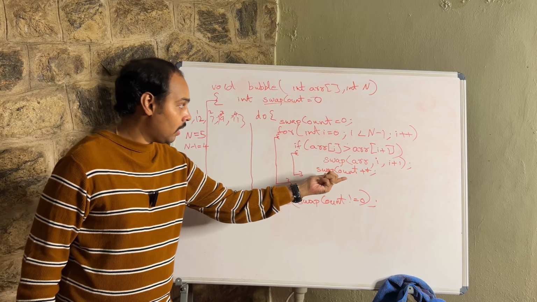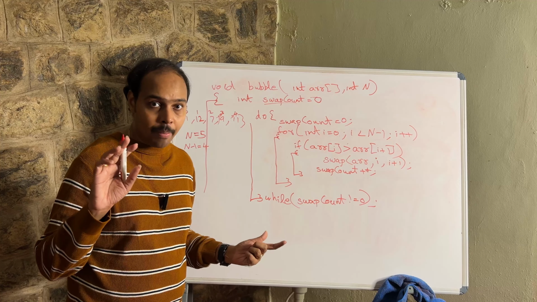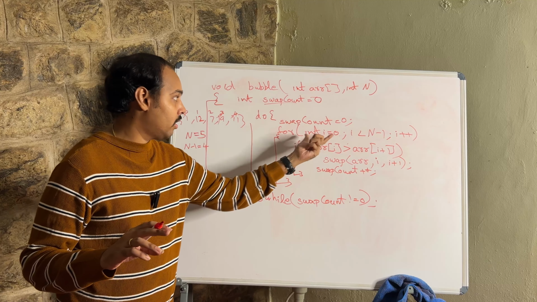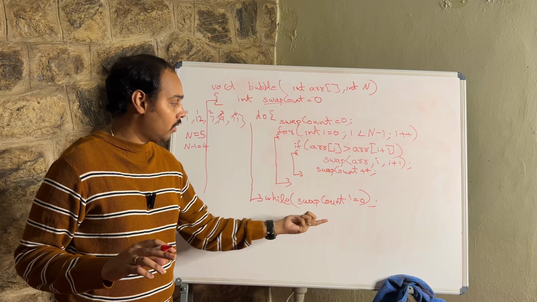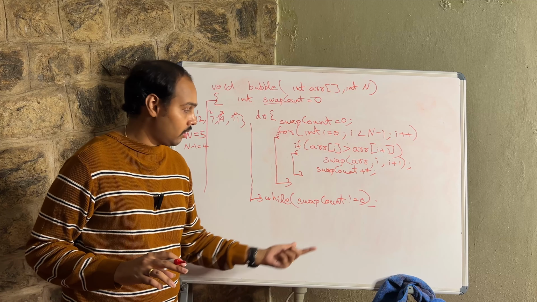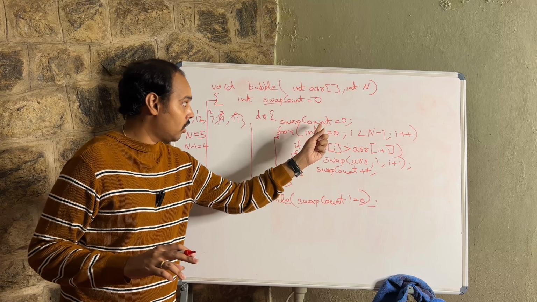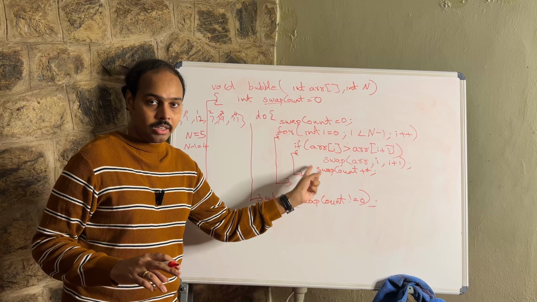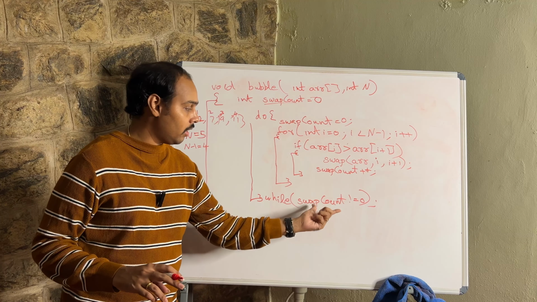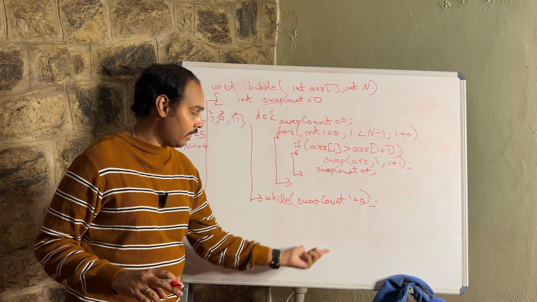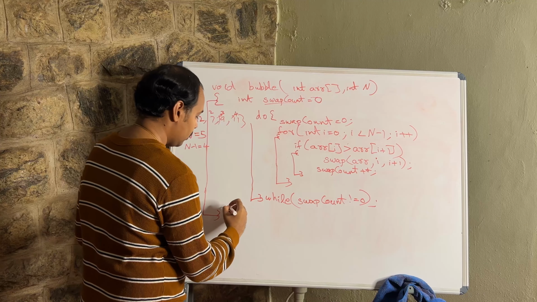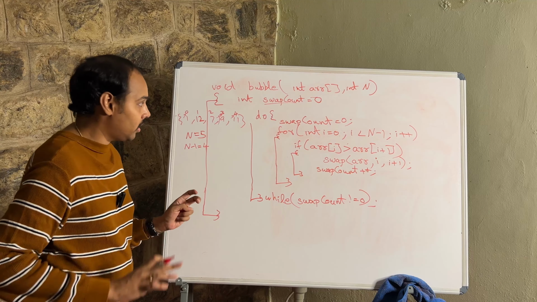That means whenever no swap happened across one full iteration of the array, this will become false. Swap count will be 0 because we initialize it here, and if it doesn't increase the count here, then it will still be 0 and come out of this loop. There is nothing to return, so this is a void function.